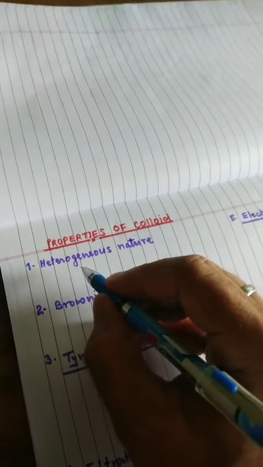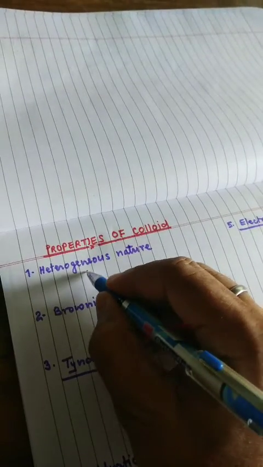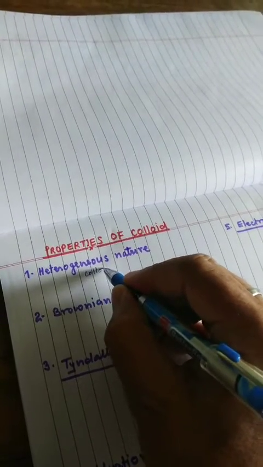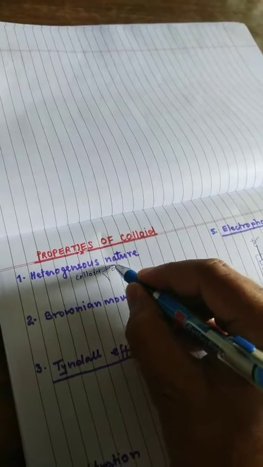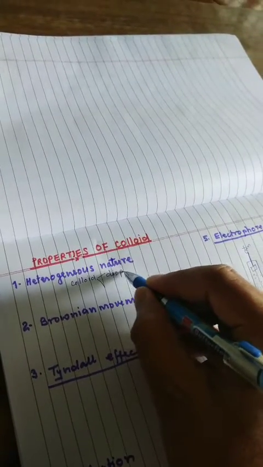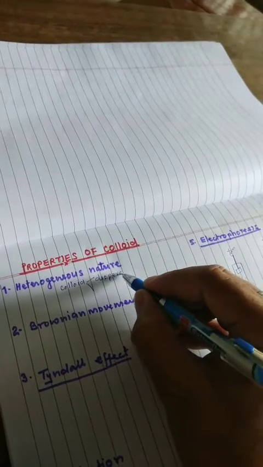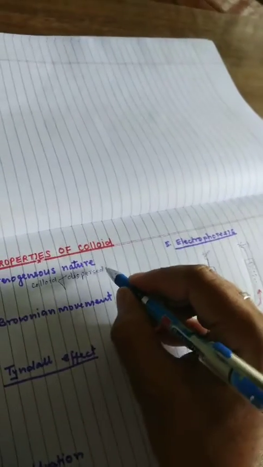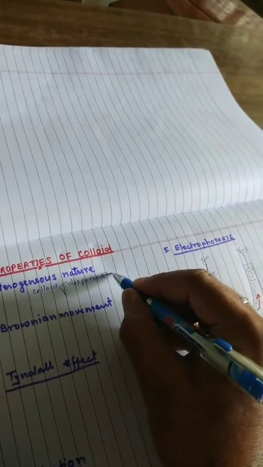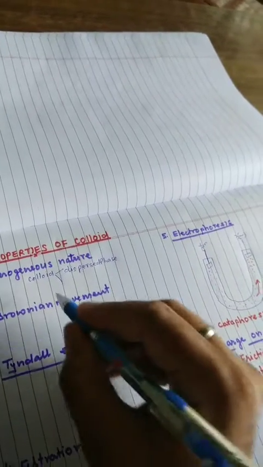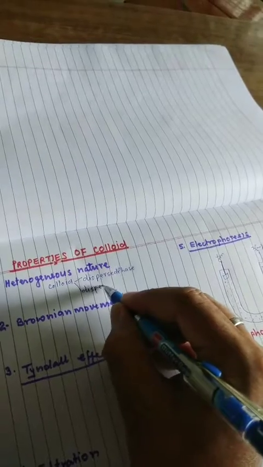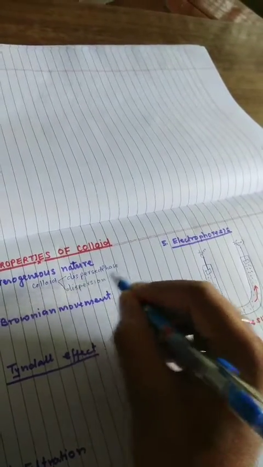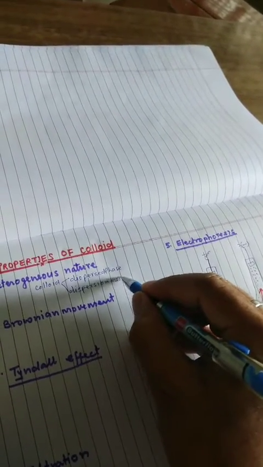Heterogeneous means colloid consists of two phases. One is dispersed phase and another is dispersion medium.